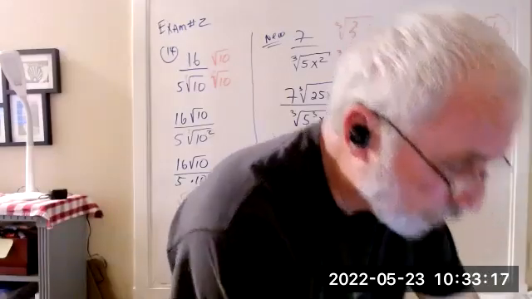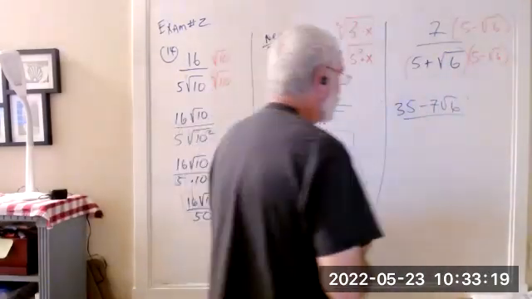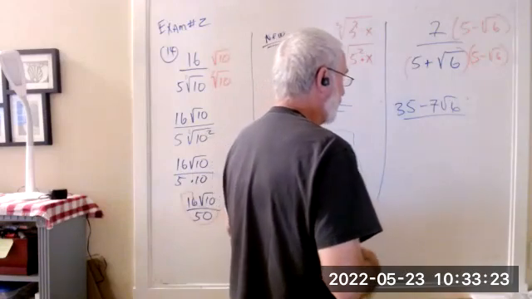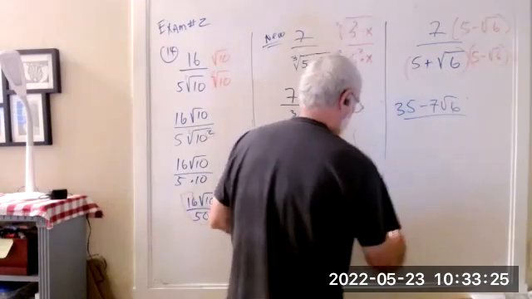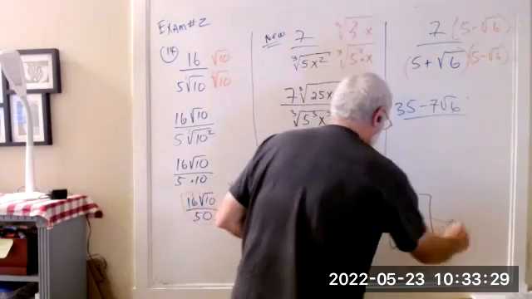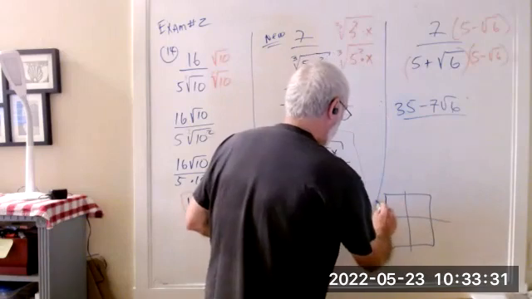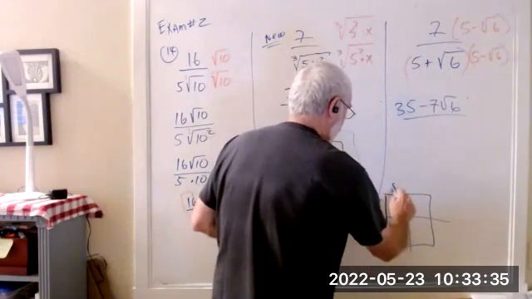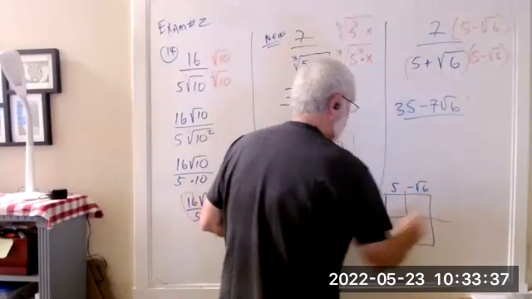Now, I saw some people try and use the matrix box and they really blew it. And I don't know what happened, but okay, we set this up as 5 plus radical 6 and 5 minus radical 6.